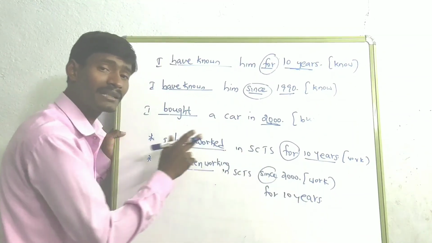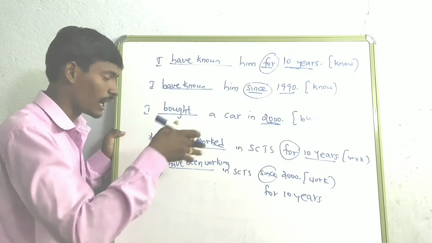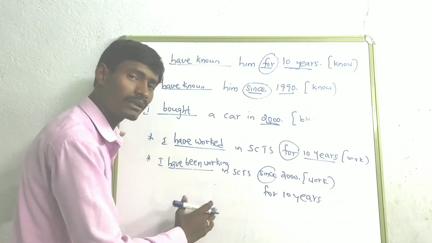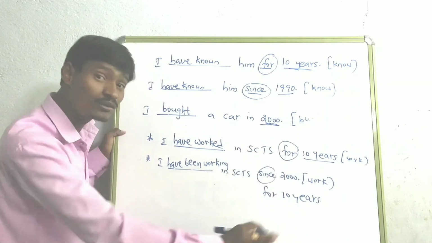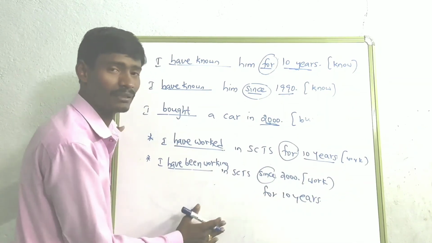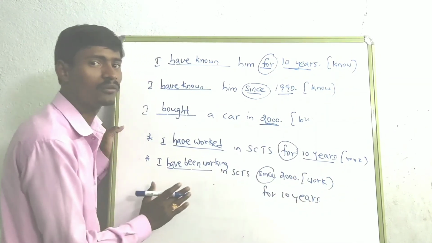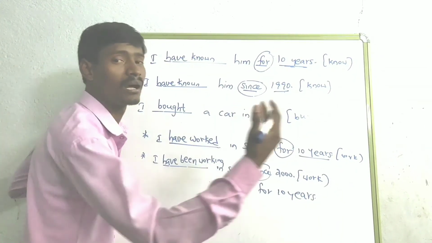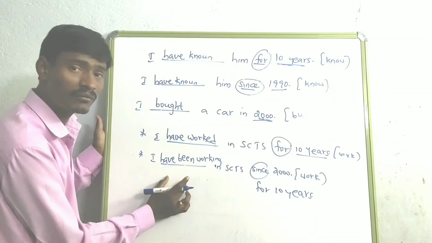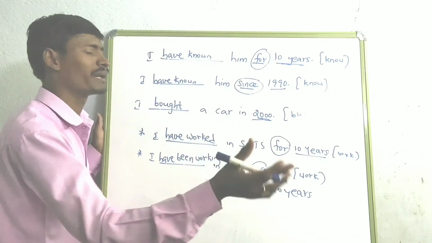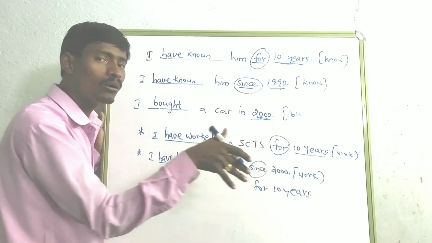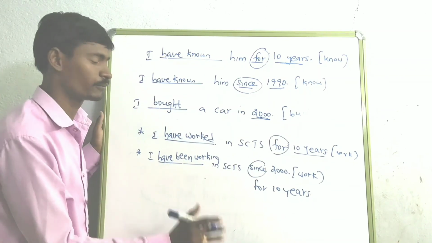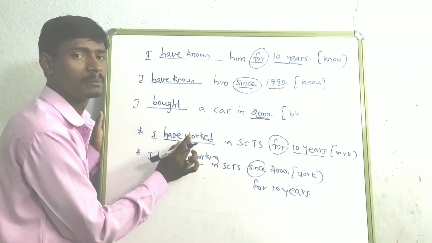In 2000 I started working in SCTS. Up to 2020 I have been working. Not only up to 2020, even in future also I would like to work there. I would continue working there. So if you want to speak about the work which you would like to continue in future also, then you go for present perfect continuous. If you don't want to mention your future, only up to present if you want to talk, then you go for present perfect tense.